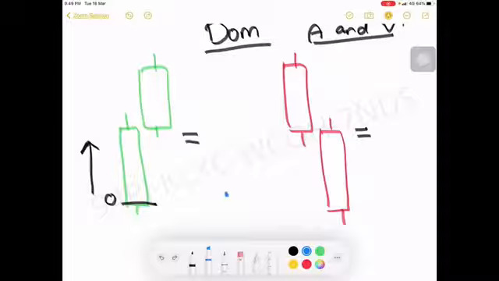So what candlestick is this? It's a bullish candlestick, right? Yes, bullish.